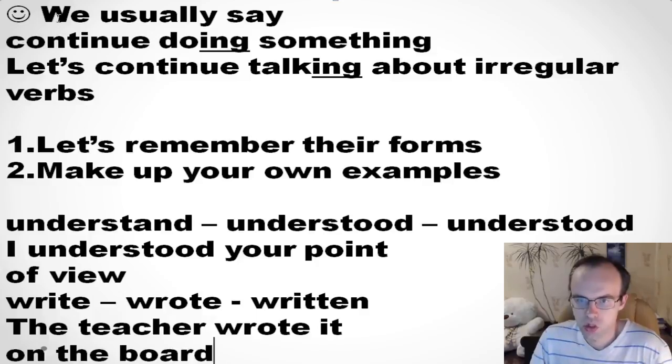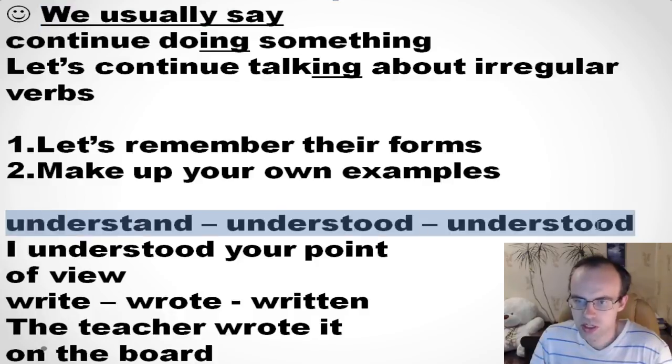Okay. We usually say continue doing something. Let's continue talking about irregular verbs. Let's remember their forms and make up your own examples. Understand, understood, understood. I understood your point of view.